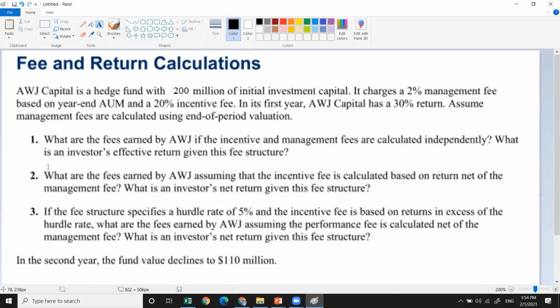For these 3 estimations, these 3 solutions: one without management fee and hurdle rate, one without hurdle rate, and one with management fee and hurdle rate. You have 20 minutes. If you finish earlier, you can leave the conference.